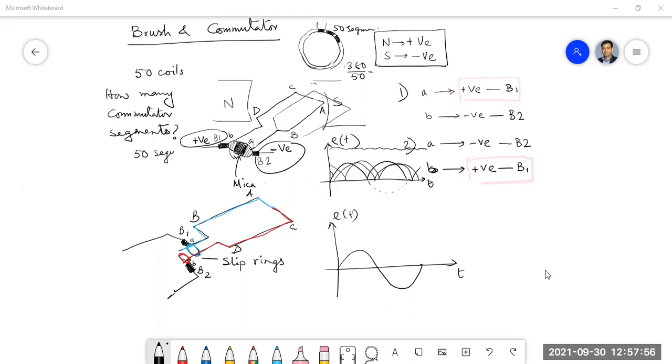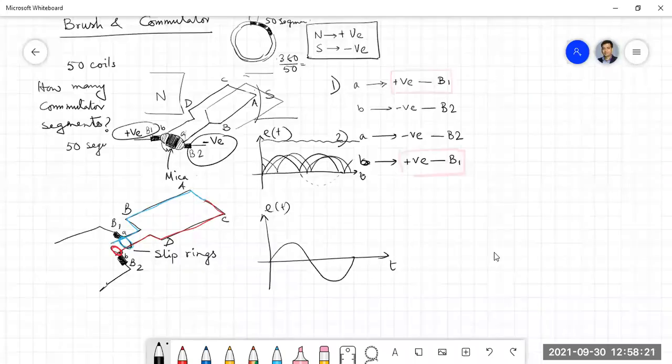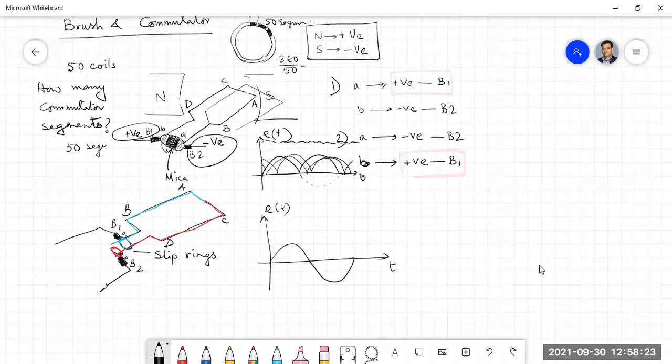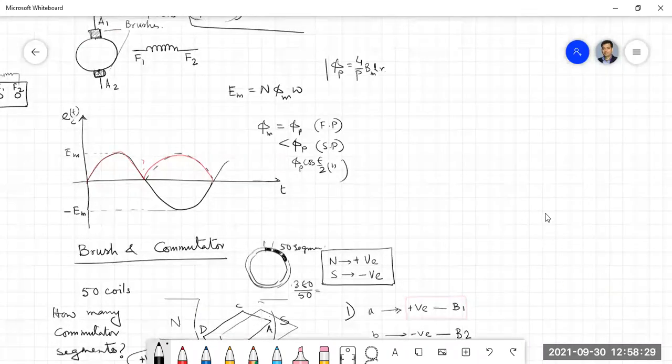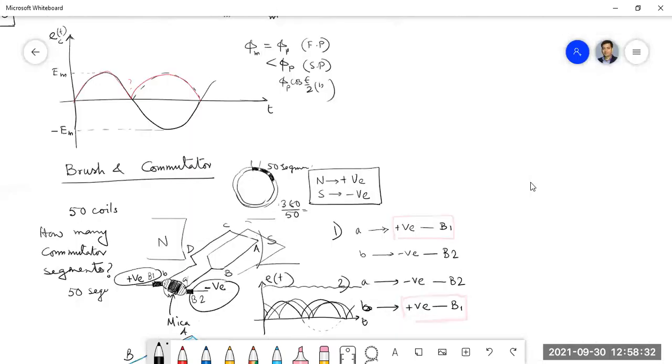Sir, 50. 50 segments must be there. Your answer is 50. Yes, sir. Why? Can you explain? Okay, that is written on the whiteboard itself, but what is the reason for that? If we can see that one coil needs two commutator segments, because two terminals means two commutator segments.